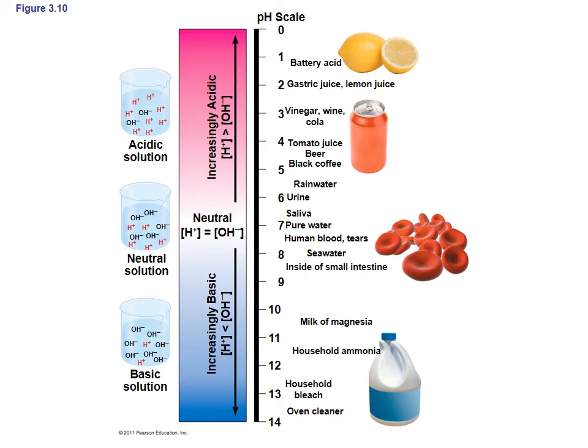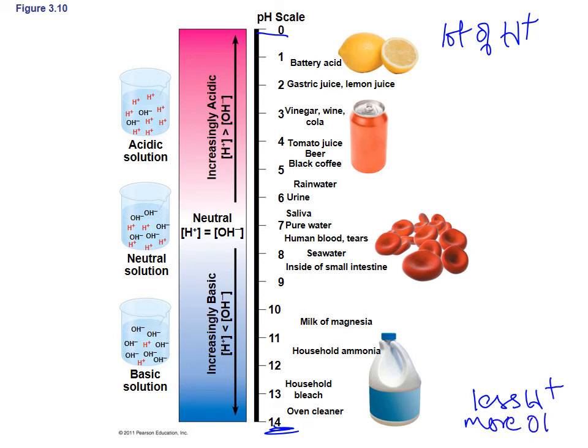So there is a range of pH that exists for a different set of liquids. They range from the scale of 0 to 14. Battery acid is the strongest, about pH 1, which means it has a lot of H plus. Whereas at this particular point, oven cleaner has very little H plus but more OH minus.